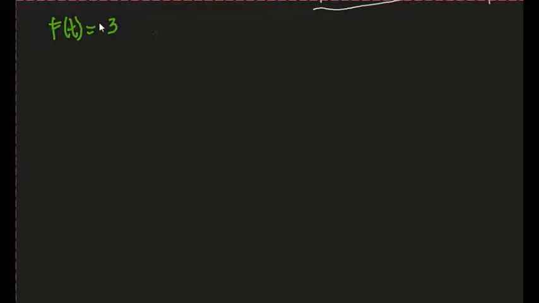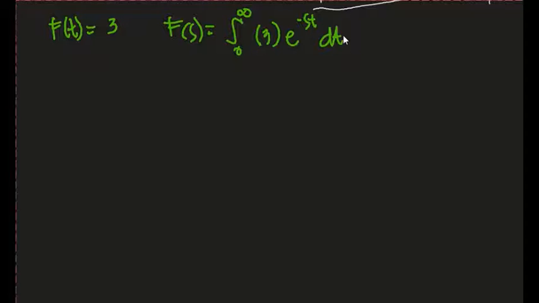So substituting this sa aton nga equation, so function of s naton will be equal to the integral from 0 to infinity of your 3 e raised to negative st dt. So this time, pwede na naton ma-solve gamit ang same nga method nga ginhimo naton kagina. So pwede naton i-factor out ang 3.